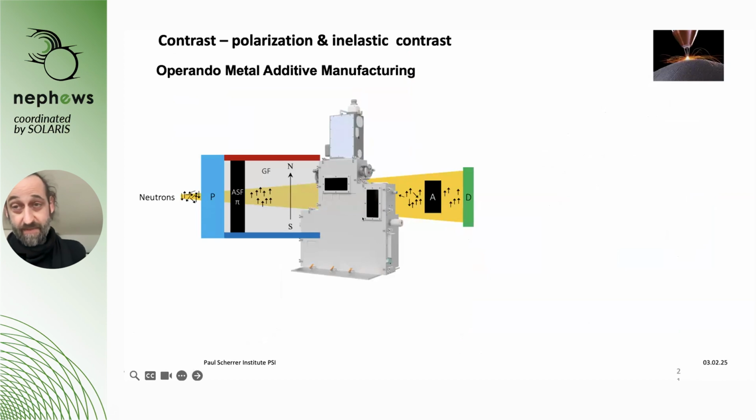And what we want to see when we do bimaterial printing, so we print copper and steel, which is an important mixture because for applications where you want the stability of the steel but also the conduction and heat transfer of the copper, is the phase evolution, and in particular the buildup of ferrites.